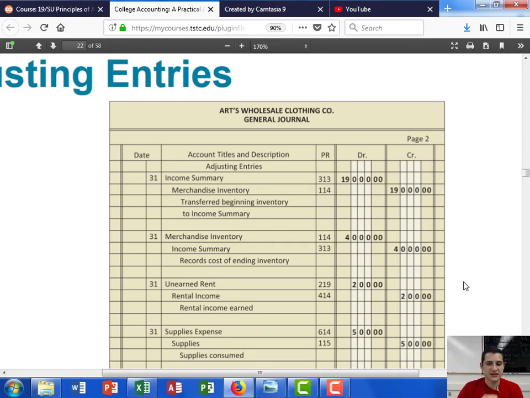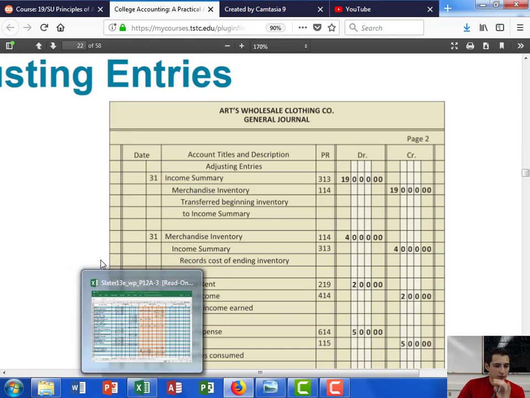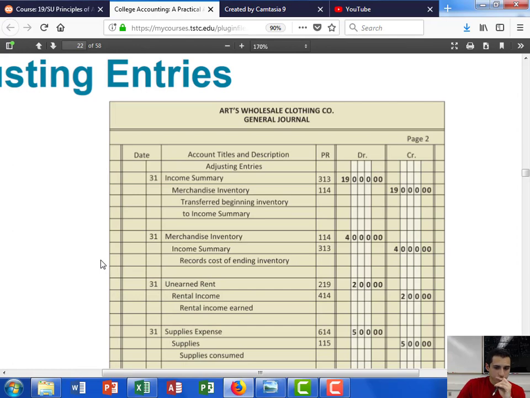Now, for your adjusting entries, it's going to show here that it's dealing with that income summary again. Remember, what the income summary does on that worksheet is it only shows you the transfer from a beginning inventory to your ending inventory.